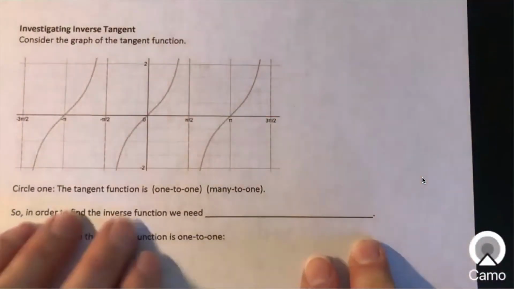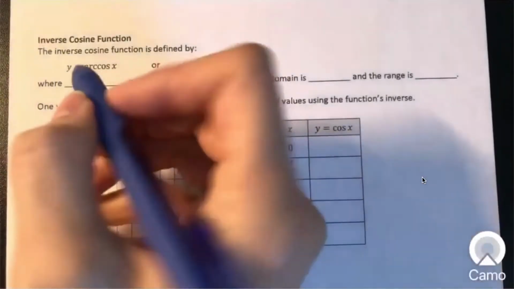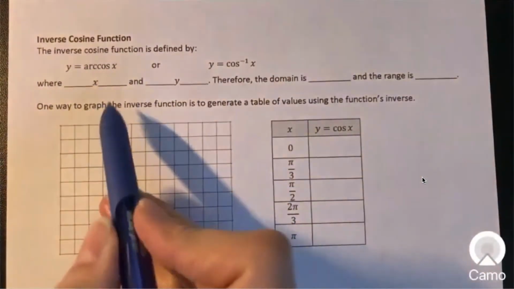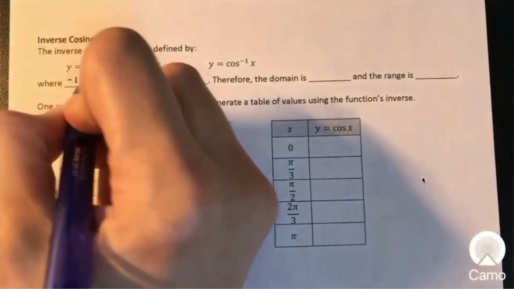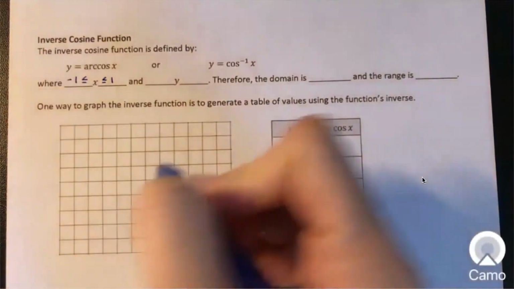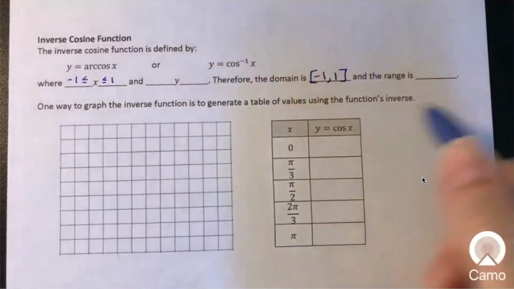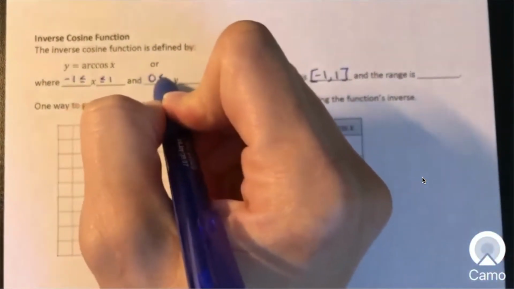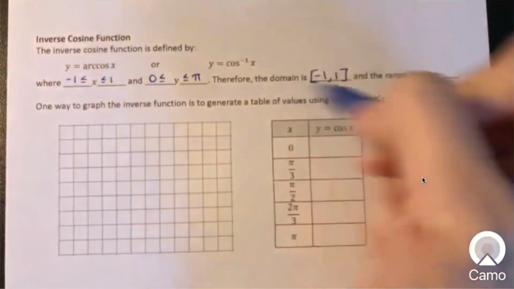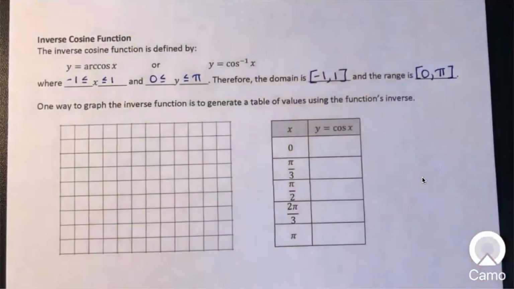So when we write our information down at the top of our next page, we know for this inverse, what is now our x was previously our y values. So x is now between -1 and +1, making our domain between -1 and +1. And our y values are between 0 and pi, making our range also between 0 and pi.